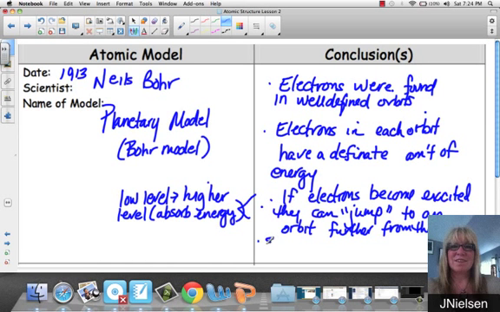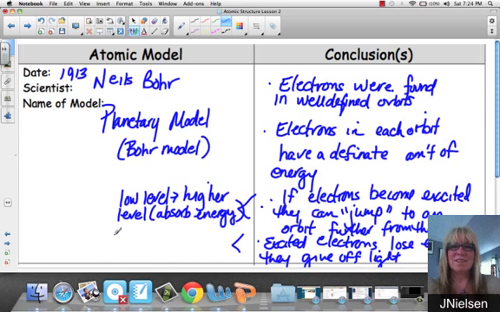When excited electrons lose energy, they give off light. So here we're going from a high level to a low level.